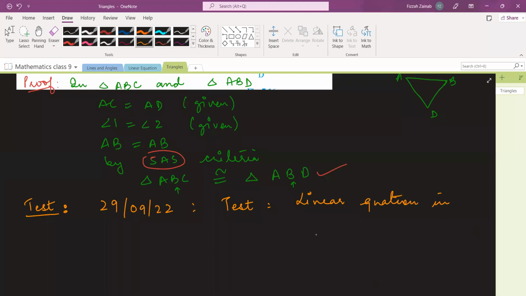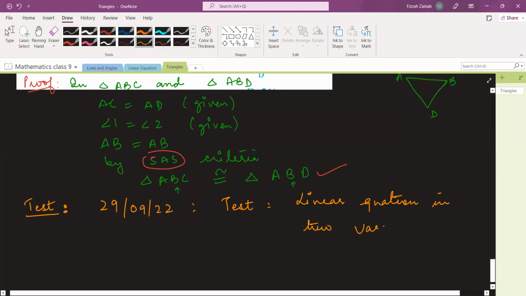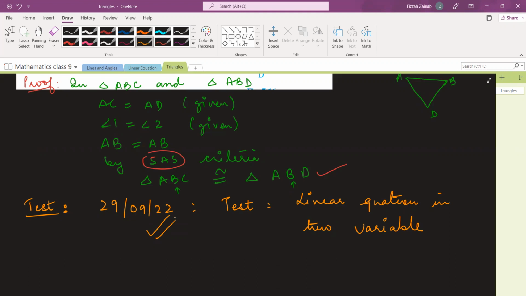Linear equation in 2 variables. So be prepared for the test on Saturday. Clear? Can I hear something? Yes or no? Unmute your mic, please. Sorry, Saturday is not 29.